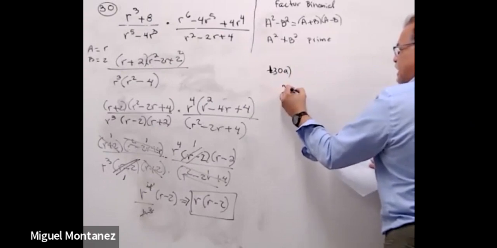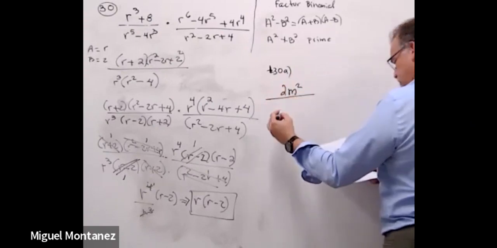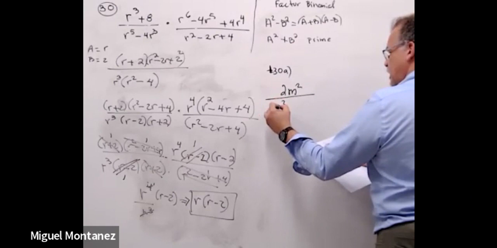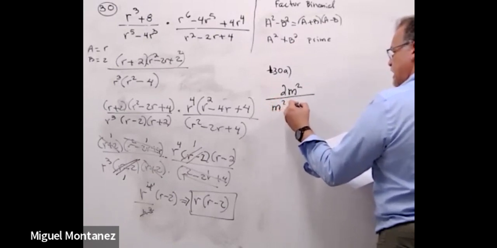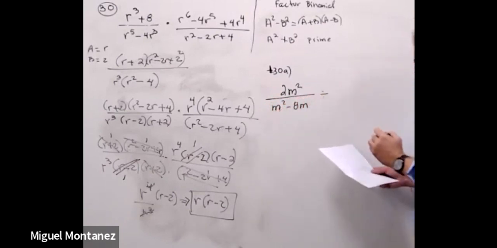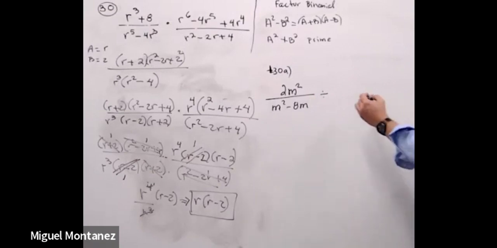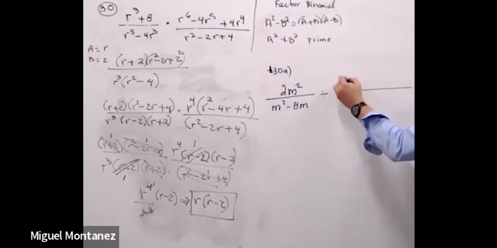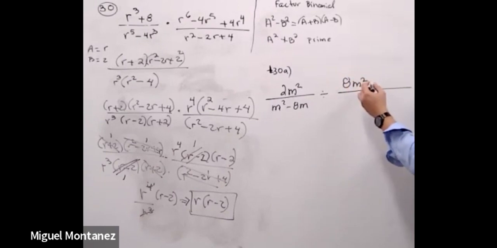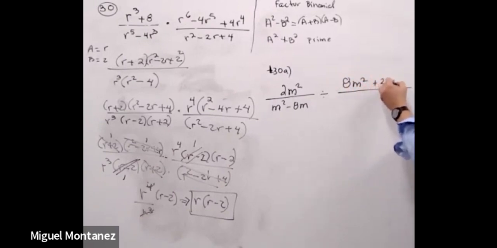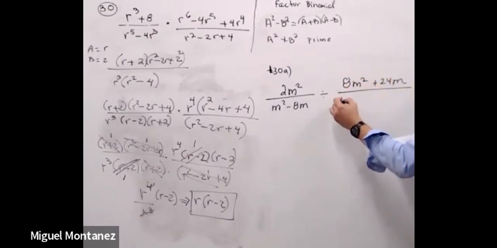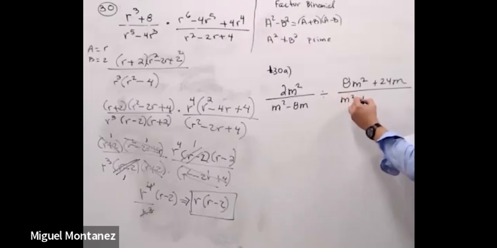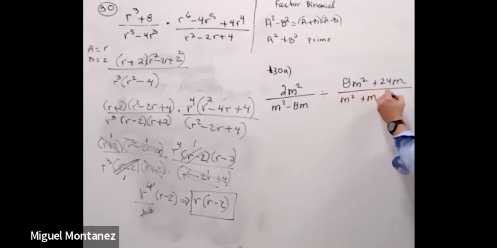So I have 2m squared over m squared minus 8m, divided by 8m squared plus 24m over m squared plus m minus 6.